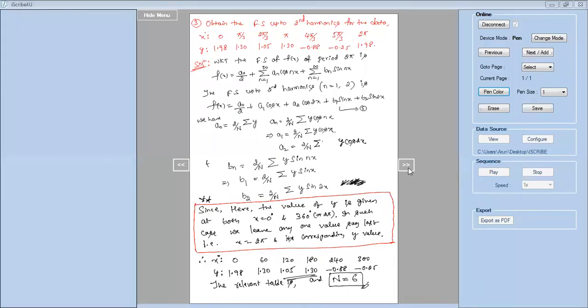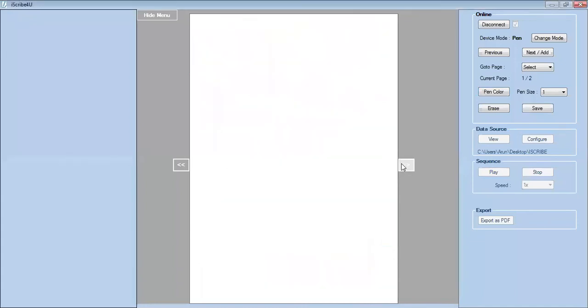Take the next page. So the data table should contain the x values, then y values, then y cos x, then y cos 2x, y sin x, y sin 2x. So we want the values for all these things. I'll just enter the data.